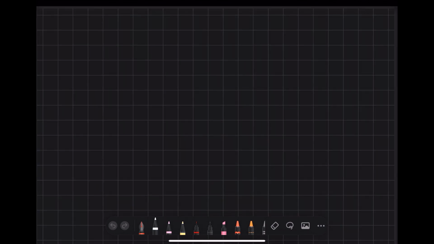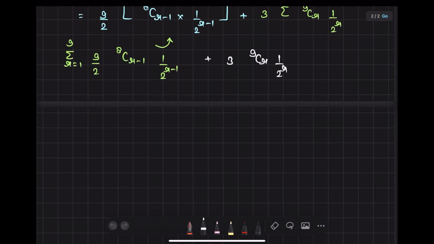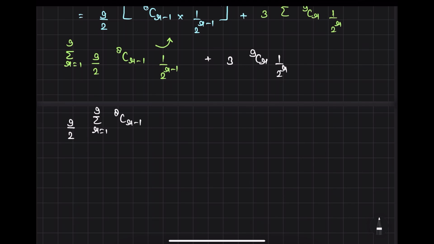Okay, now let's break this thing. You know that the summation property can be distributed when it is in addition or subtraction. So can we take 9 by 2 common, and we will be having r starts from 1 to 9, 8c r minus 1, 1 by 2 power r minus 1, plus 3 common, summation r starts from 1 to 9, and then 9cr, 1 by 2 power r.